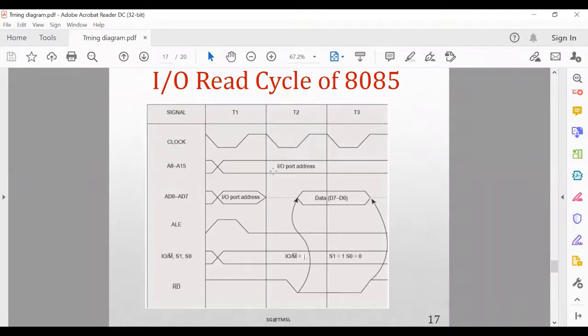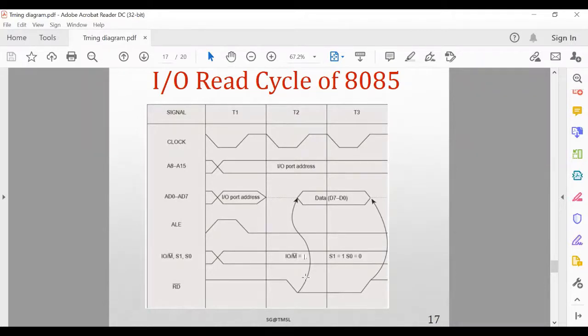This one is your IO port address. The IO port address will be 8-bit in size, so whatever be the address over here, that will be just copied to the upper order also. Suppose the address is 80, so 80 will be here, and here also 80, which is just the lower order address bus copied to the upper order address bus for easier designing or interfacing purpose.